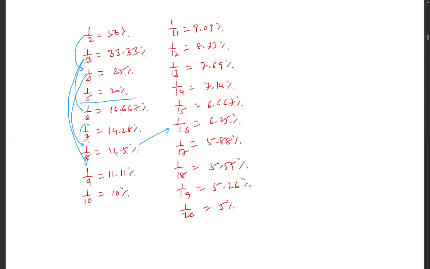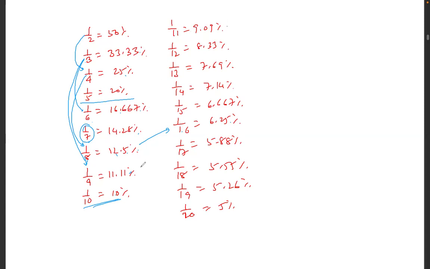So 7 is a prime number. Therefore, you will have to learn this. That 1 by 7 is equal to 14.28%. Okay. Easy. Now 1 by 10 is 10%. Everybody knows, right? Now 11 is a prime number. So you need to learn that. So 1 by 11 is equal to 9.09%.